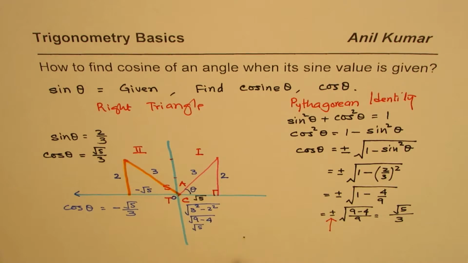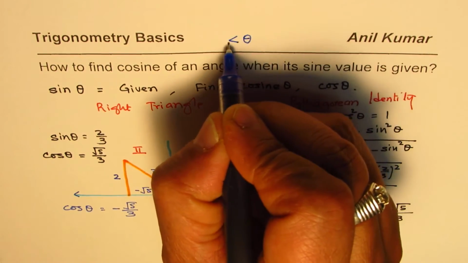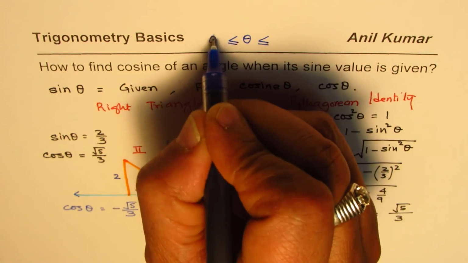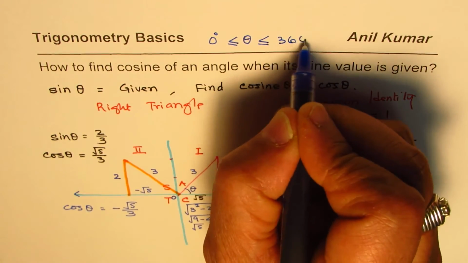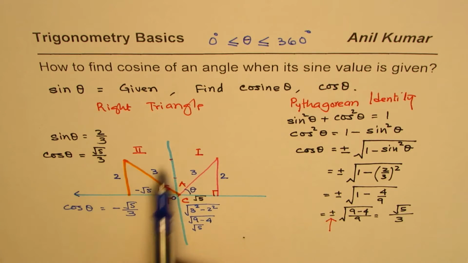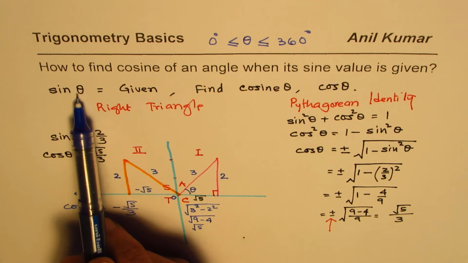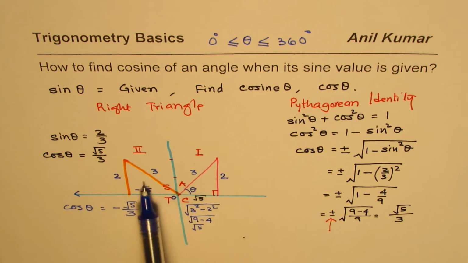To be very specific, we'll say that our angle theta is between 0 degrees and 360 degrees. In that case, we should be looking into all four quadrants. Perfect. So if sine theta is positive, we are looking into these two quadrants. If I take sine theta as negative, in that case, these two triangles could have been in quadrant 3 or 4.